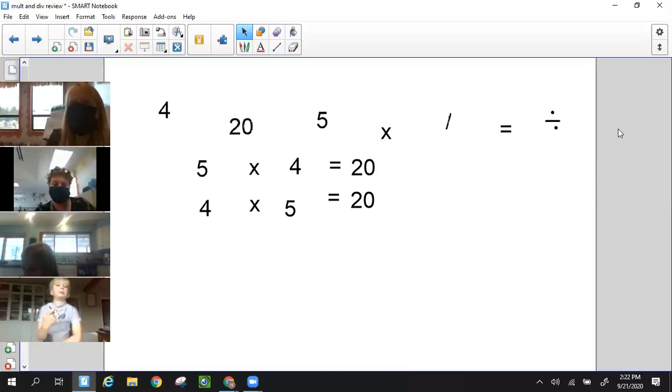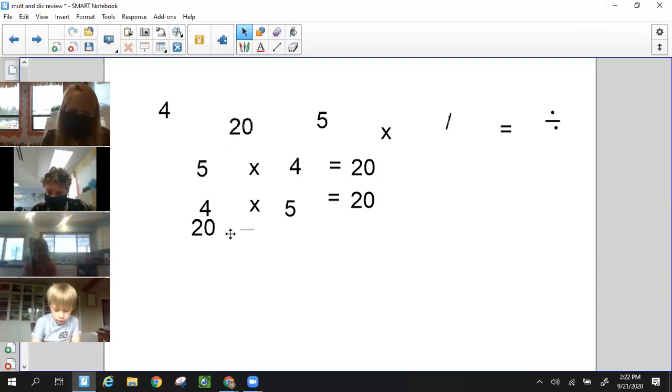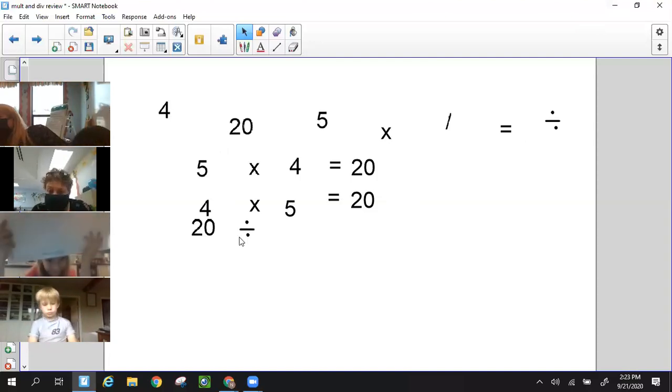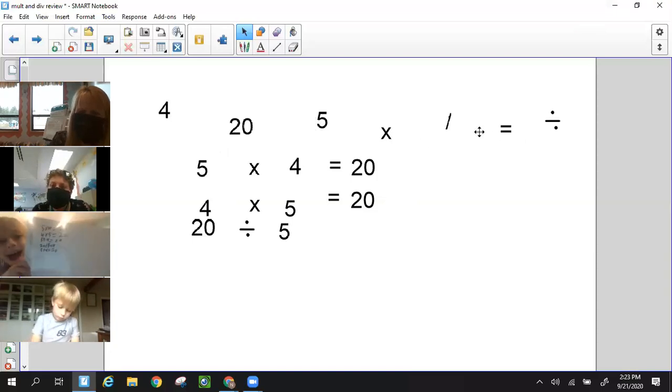So go ahead, Evie, read what you have. 20 divided by 5 equals 4. Okay, so give a thumbs up at home if that's what you came up with. Henry got it. Good job, Henry. And did you guys do 4 or 5? They said 20 divided by 5 equals 4.